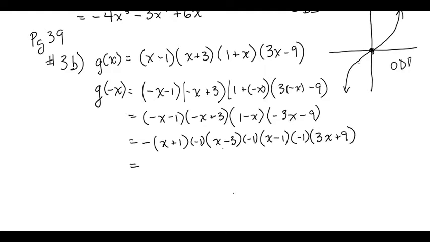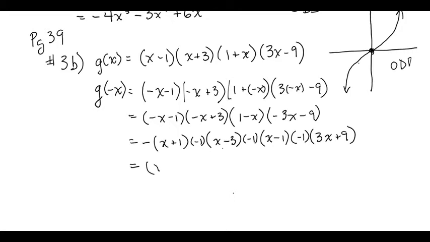The reason why I do that is because I substituted a negative x in, so I want to factor out the negative to see if it compares to each of these factors. What I notice is I have a negative 1 multiplied by a negative 1 multiplied by a negative 1 multiplied by a negative 1. I'm multiplying a negative 1 by an even number of factors. So that's going to turn into a positive 1, or basically cancels out.